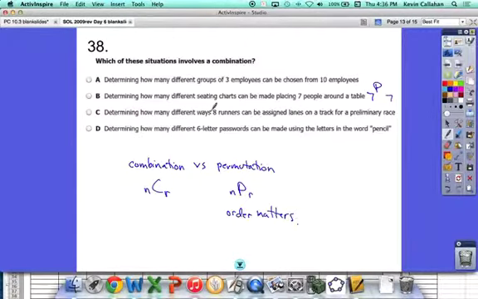The second one, it's 8 runners, so that would be from a group of 8, you're filling 8 positions. Even the last one that says determine how many different 6-letter passwords can be made using the letters in the word pencil. Well, there's only 6 letters in pencil, and you're choosing a 6-letter password. So all you're going to do is be rearranging the order of the letters in pencil. So that would be a 6P6.